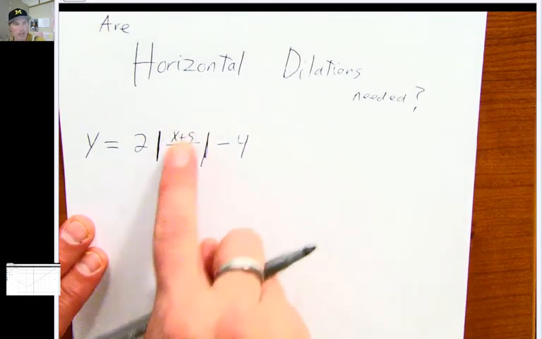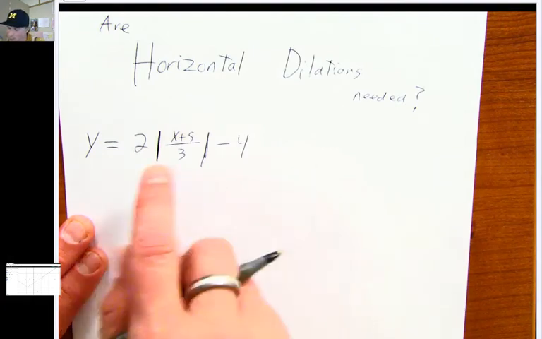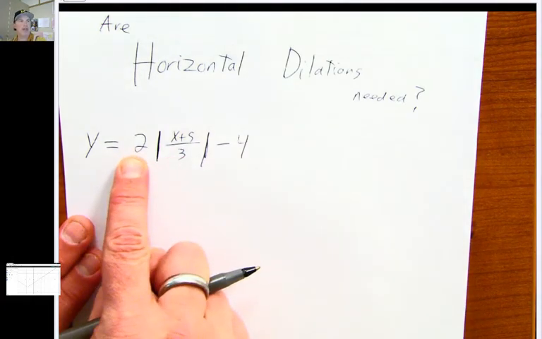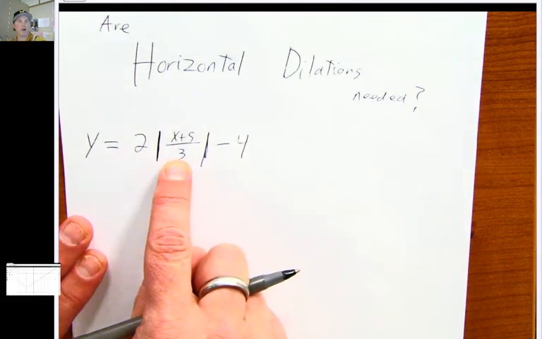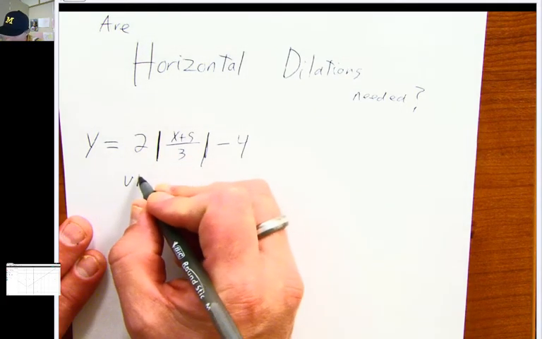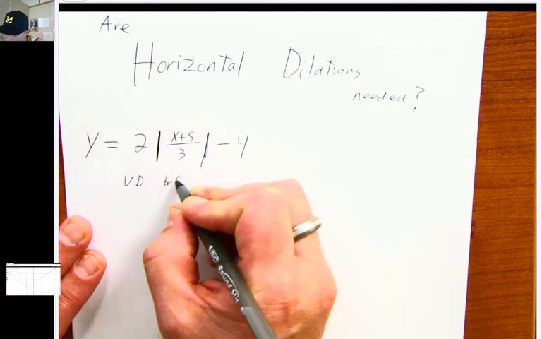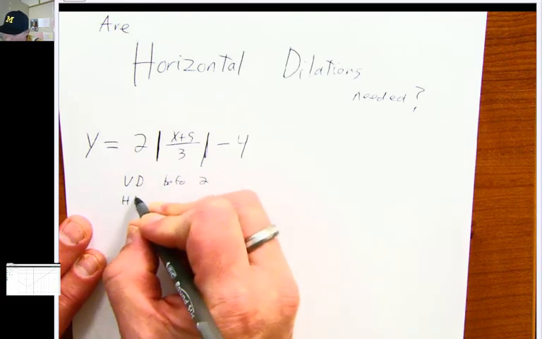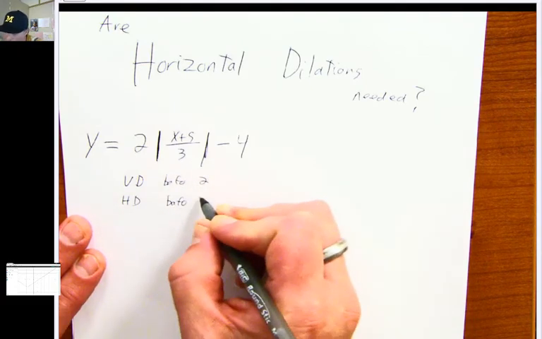We're specifically looking at this inside stuff. This one has a vertical dilation by a factor of 2 and a horizontal dilation by a factor of 3.